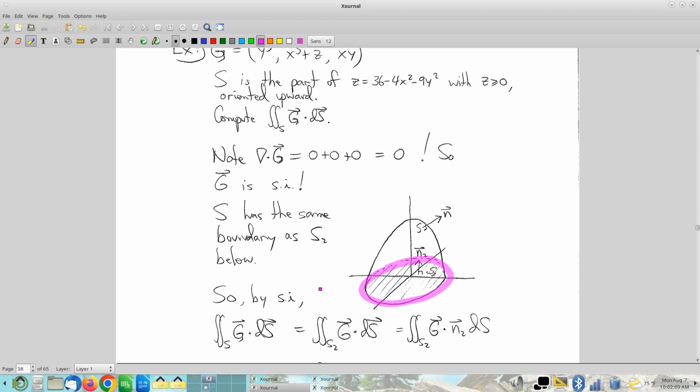And because we found it's a curl field, we can say it's surface independent for any curl. Yeah, I didn't even have to invoke the fact that it's a curl field. I just observed that the divergence was 0, and that alone is sufficient to say surface independent. And this applies for we can just find the projection onto the xy axis for any curl field.